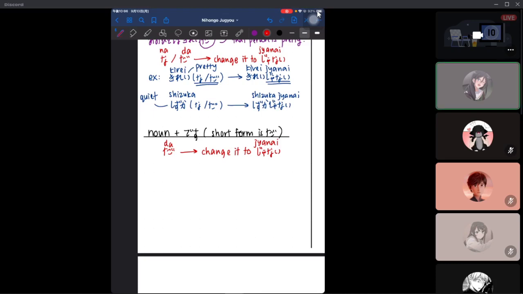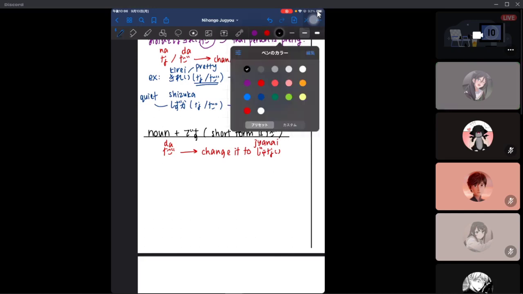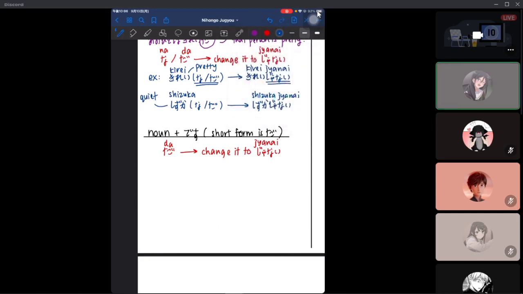An example of a noun would be gakusei, which means a student. Usually it's gakusei da, you end with da at the end of a sentence.